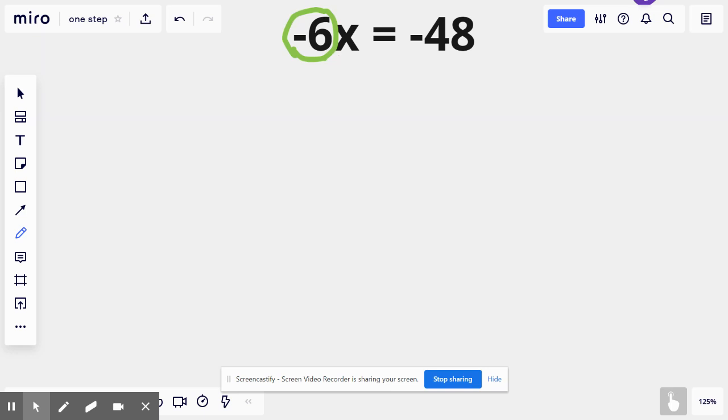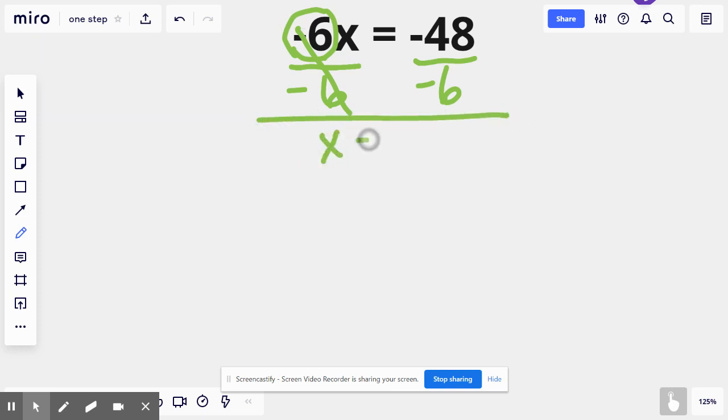So this time we're multiplying by negative 6. And what's the opposite of multiply by negative 6? Right, divide by negative 6. So we're going to divide both sides by negative 6. Cancel. We have x equals a negative divided by a negative is a positive 8.